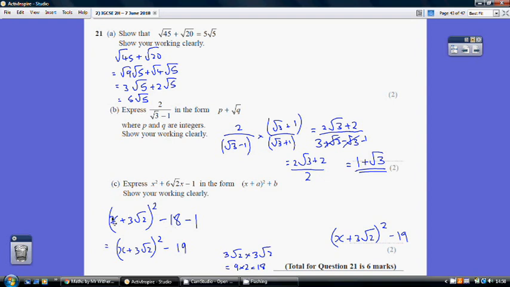That together is exactly equal to x squared plus 6 root 2 lots of x. You multiply out that pair of brackets, take away 18, and that will equal these two terms. And then don't forget the minus 1 on the end. So gathering up the minus 18 with the minus 1, we get x plus 3 root 2 all squared minus 19.